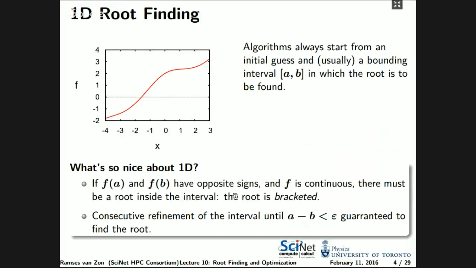This is nice in 1D for a number of reasons, but one of the nice things is we can always kind of know if there's a root. This is a smooth function f, and I've plotted it here from -3 to 3, and you can see where it's 0. But of course, we can only see where it's 0 because we've had the computer calculate a whole bunch of points to make this curve.